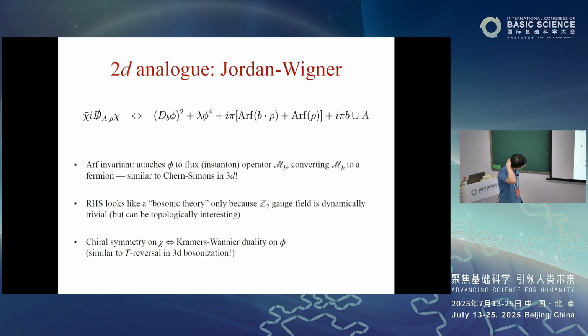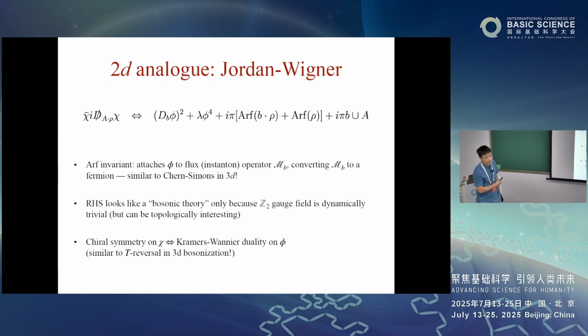Right? And also, if I think about the chiral symmetry of this 2D free Majorana fermion, this theory has a Z2 chiral symmetry. It turns out the chiral symmetry is implemented on the dual theory, again, as a Kramers-Wannier duality on this phi.